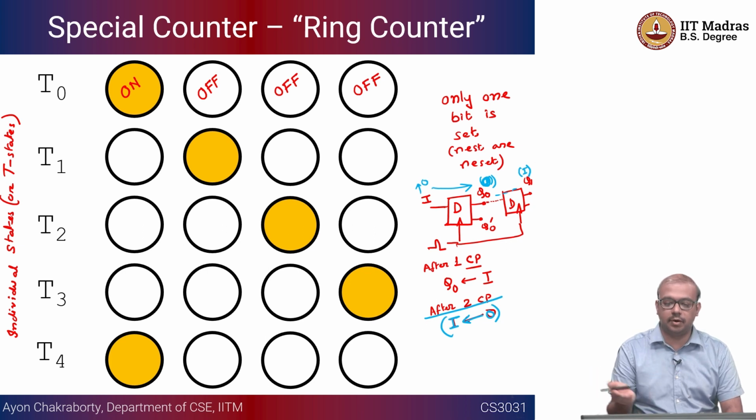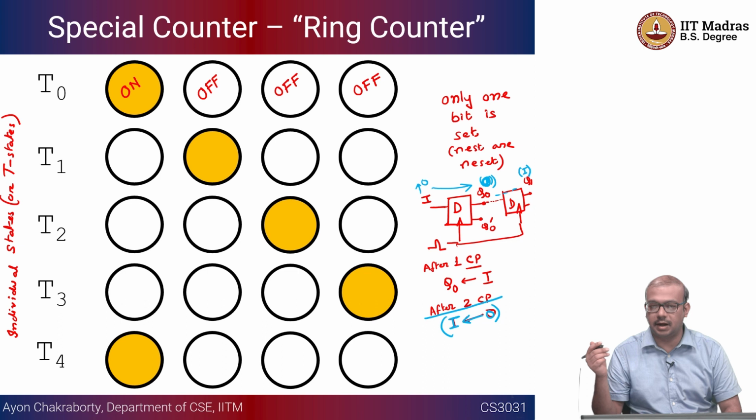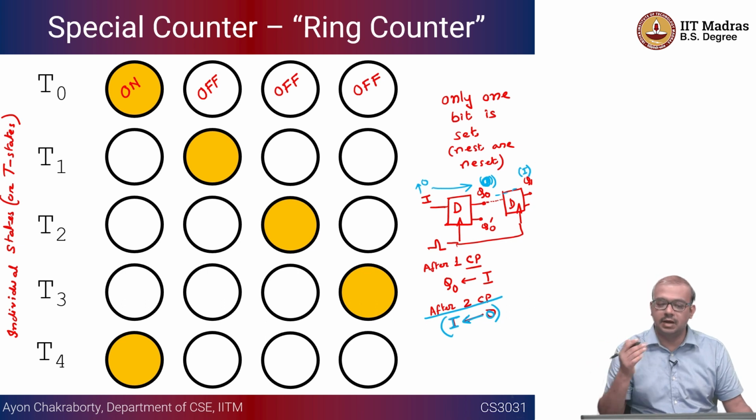So if you have 4 of these outputs, or 4 LEDs, let's say, at one point of time the LED is going to glow, and then at the next state, the one on the right hand side of that is going to glow, and so on, right? And once it reaches the extreme end, or the least significant bit, if we call the rightmost LED the least significant bit, it is going to roll over to the extreme left, which is the most significant bit, and this is going to continue, right? So it's more like an LED chaser kind of a thing.